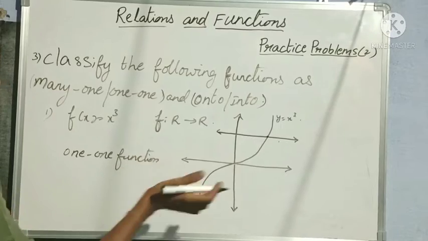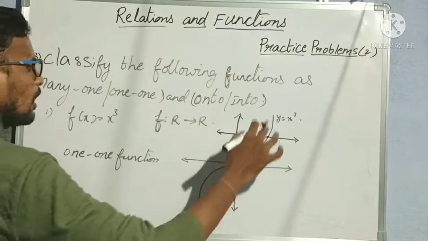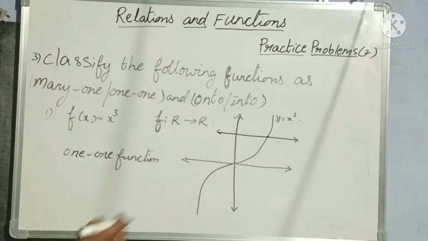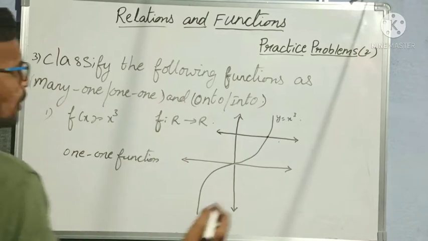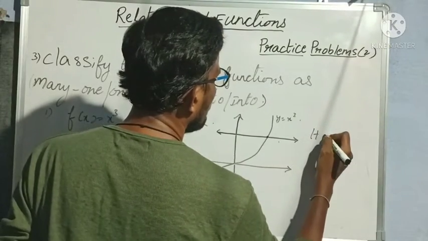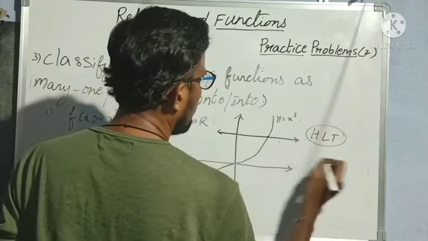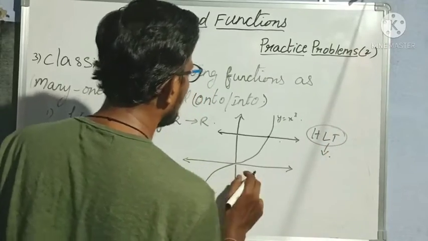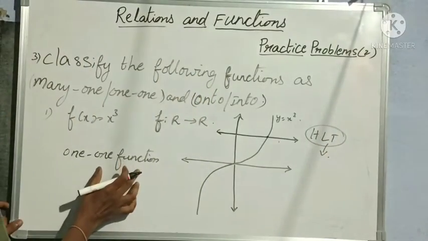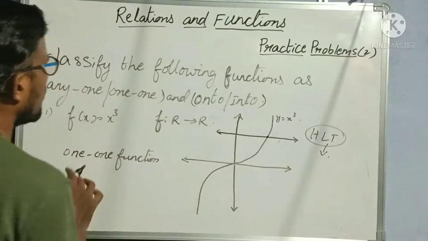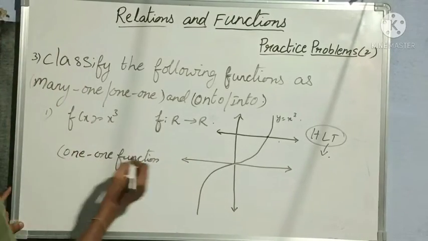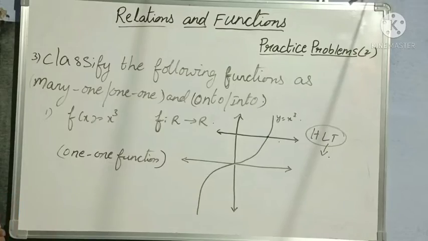Understood? If it intersects at more than 1 point, then it is called a many one function. By using the horizontal line test, we can find out whether this function is one one or many one. So clearly we got that this function is one one.